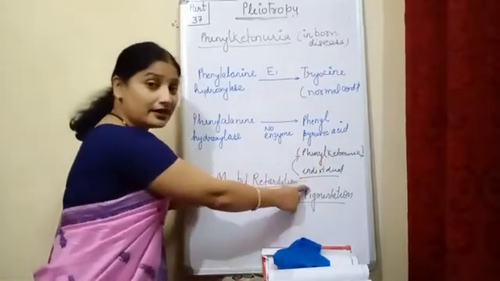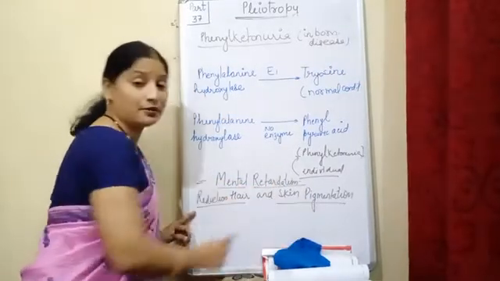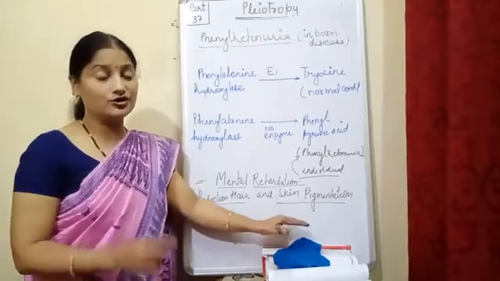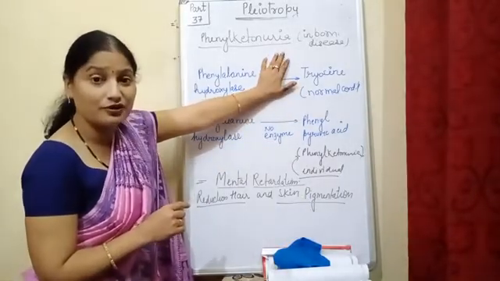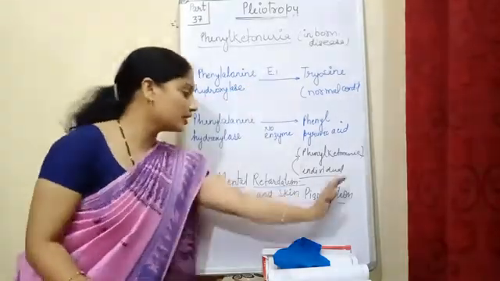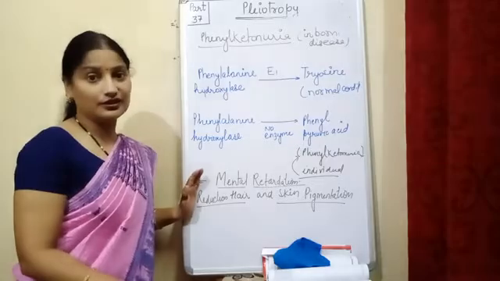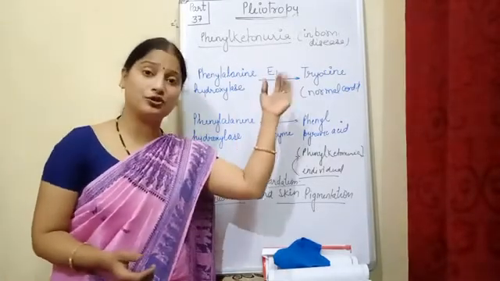Along with the mental retardation, reduction in the hair and skin pigmentation will occur. So it means the gene which is responsible for the formation of the enzyme is also responsible for controlling all these activities. Clear? So this is all about pleiotropy.